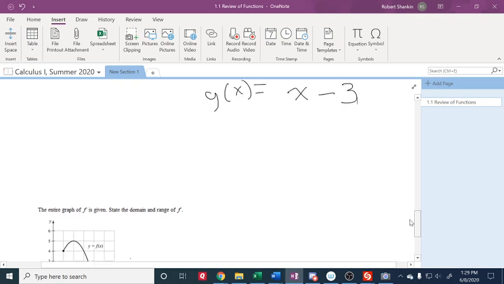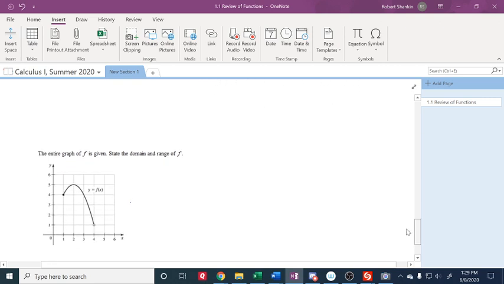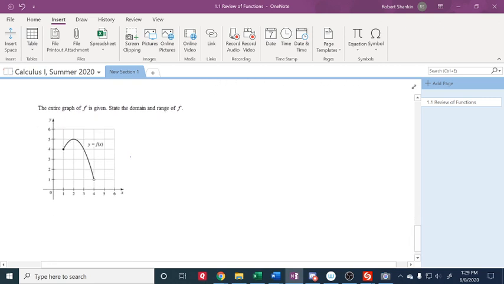All right, let's look at this one real quick. To state the domain and the range of this. The domain from a graph is some kind of limit on the x.